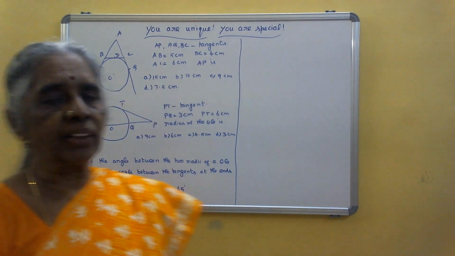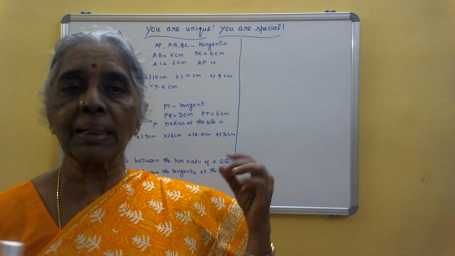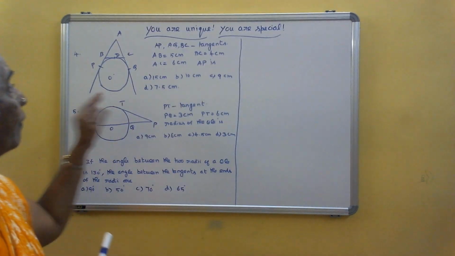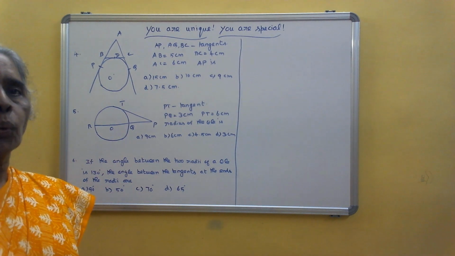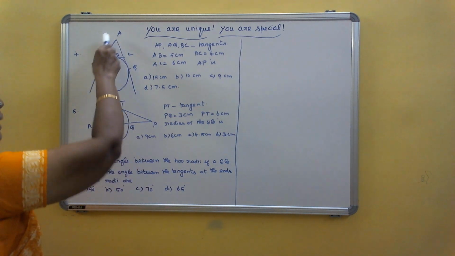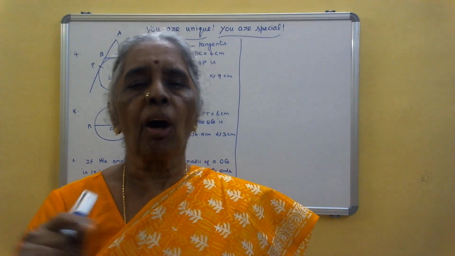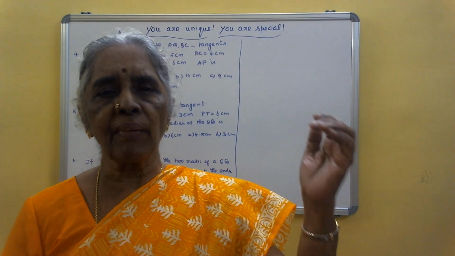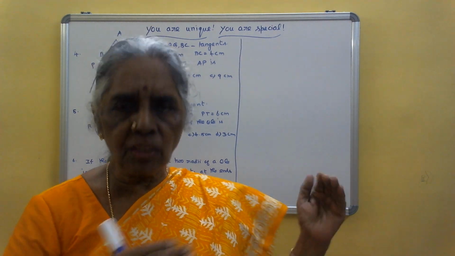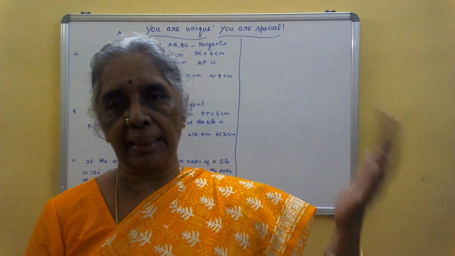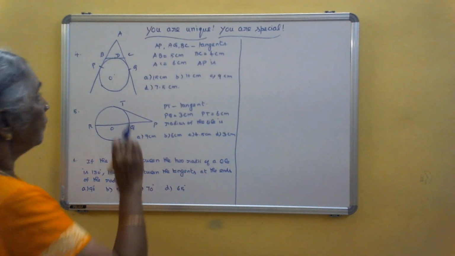Actually, without the measurements, this is a normal sum which you could have done, a very important sum. They will give you a figure like this and ask you to prove either AP or AQ is equal to half the perimeter of triangle ABC. That is a very standard sum. This is based on that, but anyway, I will tell you the proof so that you can use it for that sum also.